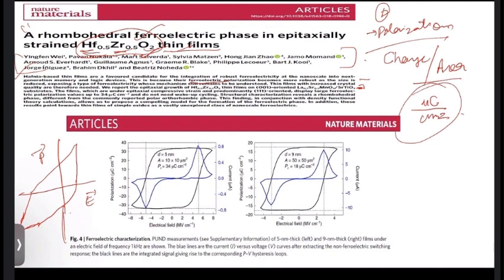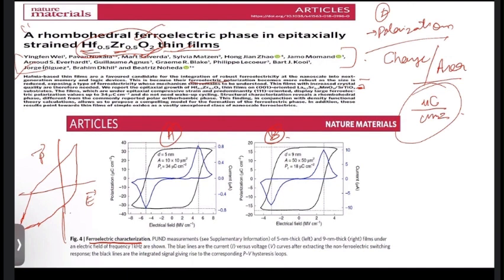How are these two plots, A and B, different from each other? There are some values mentioned on the points. It is called ferroelectric characterization. Our interest in the plot is the black line. Don't get confused with the blue line. Our plot of interest is the black lines.